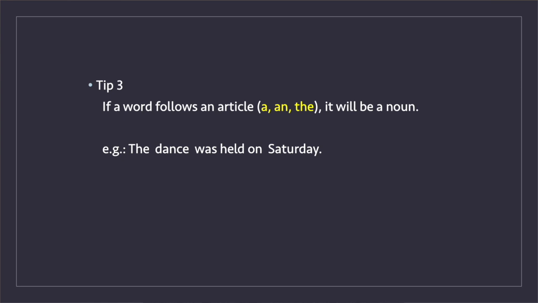So it's clear that dance is a noun. But you can find one more noun here, which is Saturday. And I already gave you a tip saying that if a word starts with a capital letter, even when it falls in the middle or at the end of a sentence, it will be a noun. So that's a clear indication that the word Saturday also is a noun.